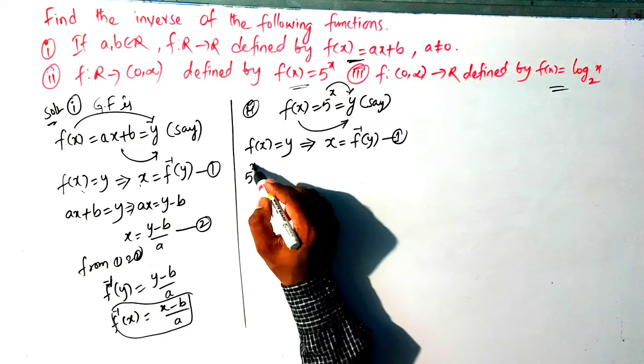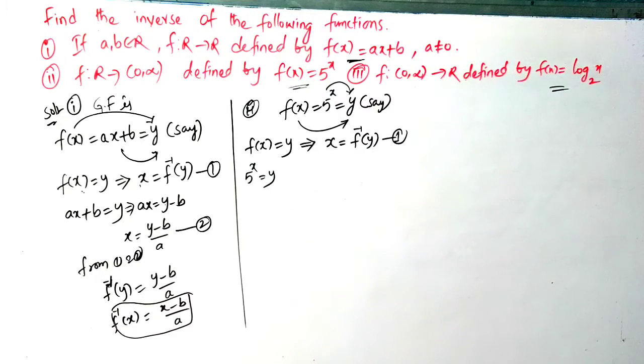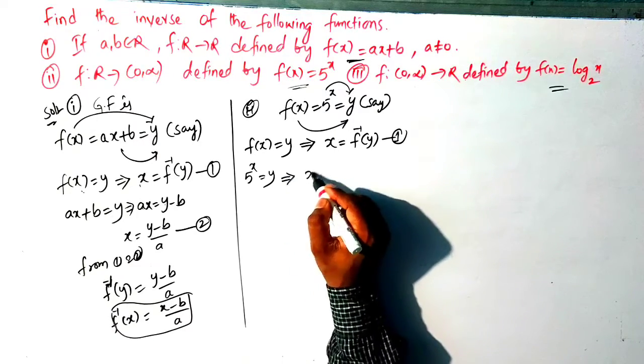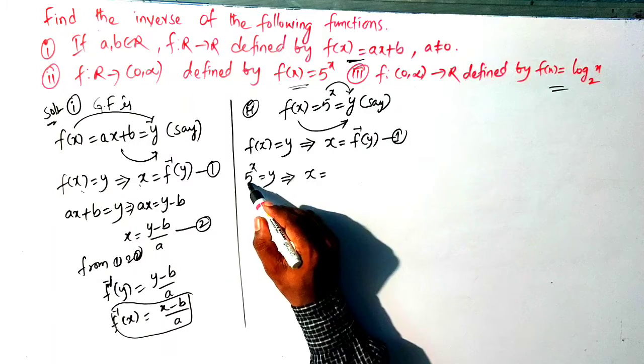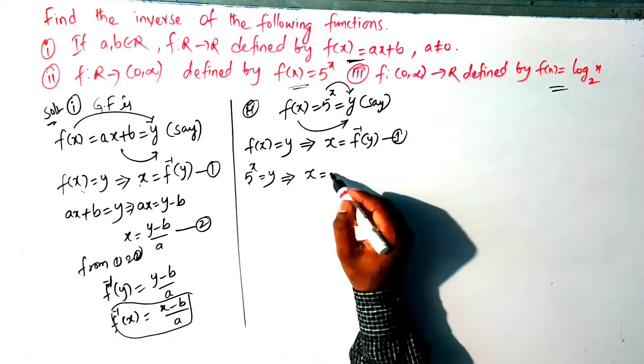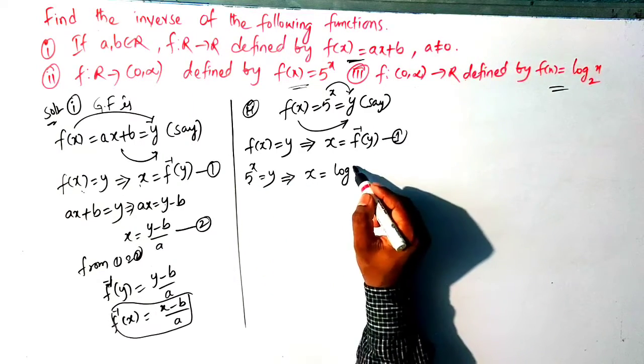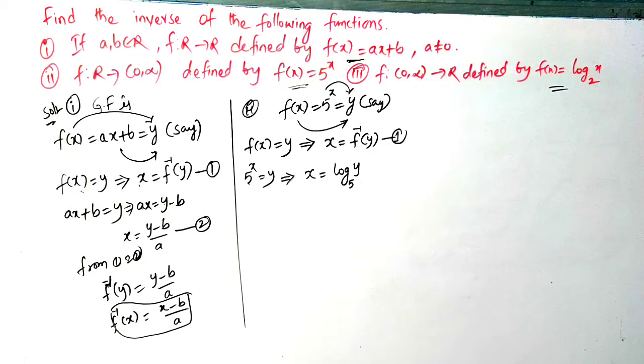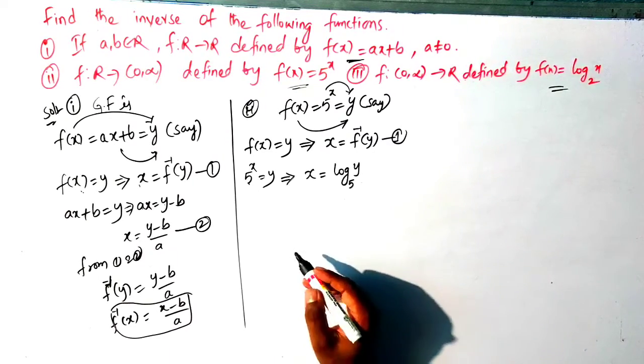Now 5 power of x equals y. That implies x equals, here the base is 5, so taking it to the other side it changes into log y base 5. Both sides we apply log base 5.